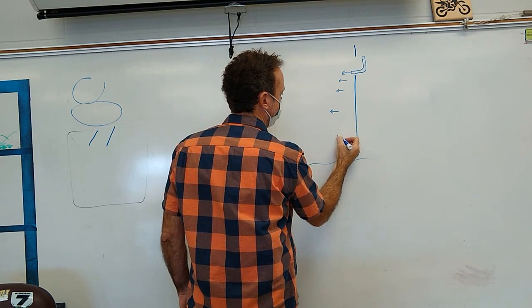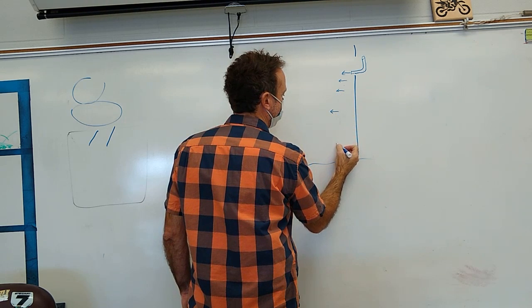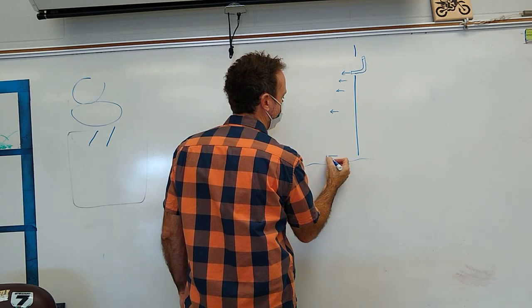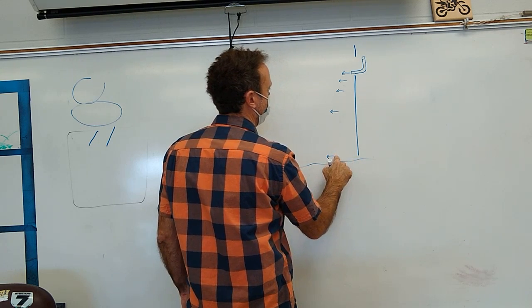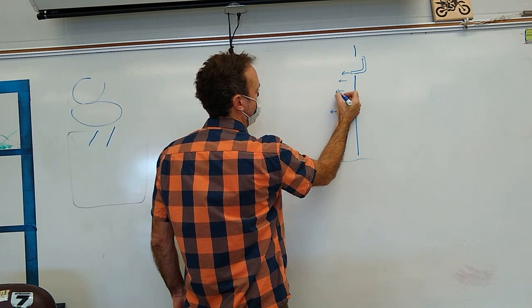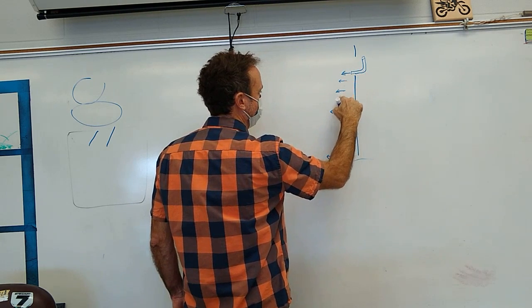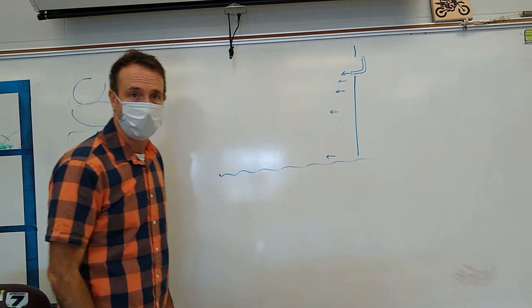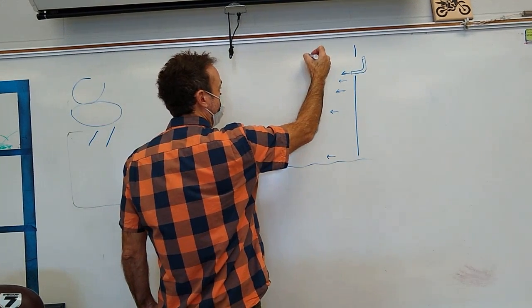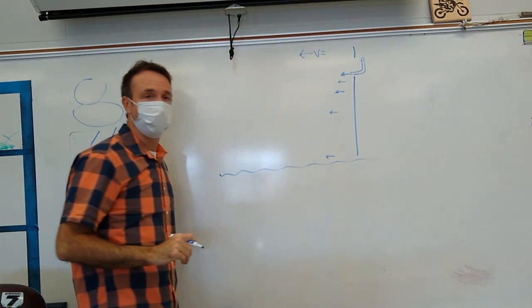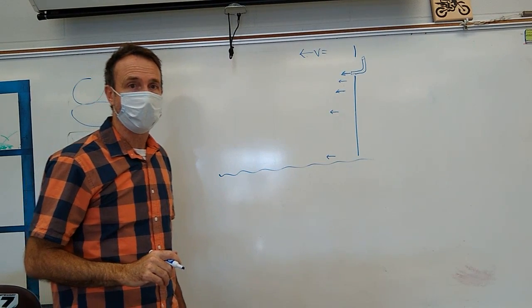Now what is happening here? All you have to pretend I'm better at drawing. But all these arrows are supposed to be the same length sideways. So qualitatively, the sideways velocity is equal the whole time. It never changes. Does that make sense?